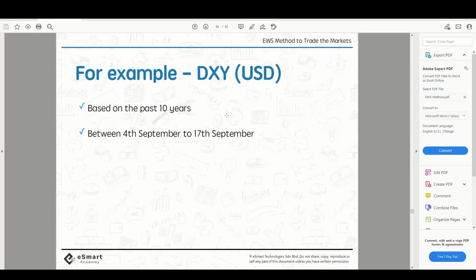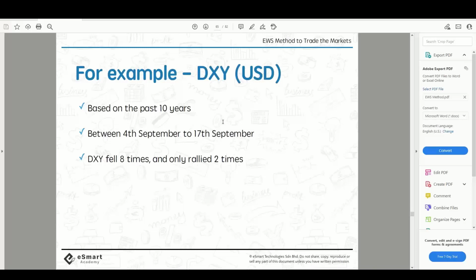If we know that for the past 10 years the US dollar between 4th Sep to 17th Sep tends to fall 8 times out of 10, we can put this into a probability and say that there's an 80% chance that the dollar would drop between 4th Sep and 17th Sep.